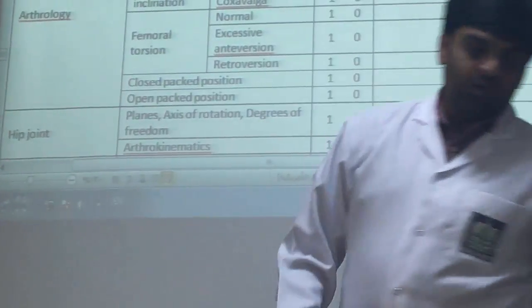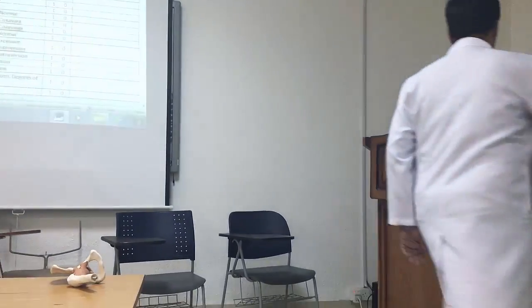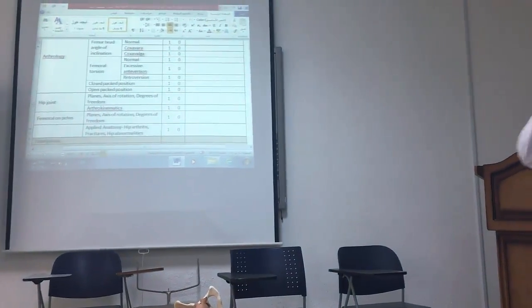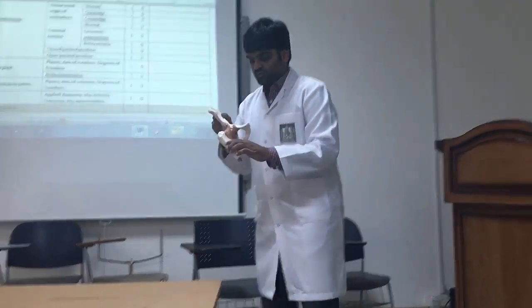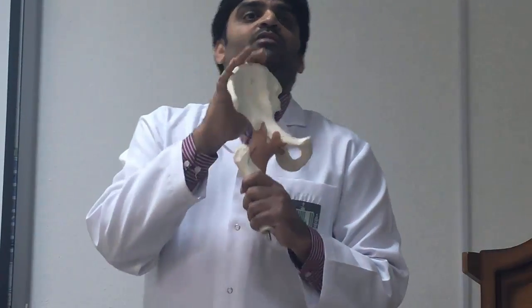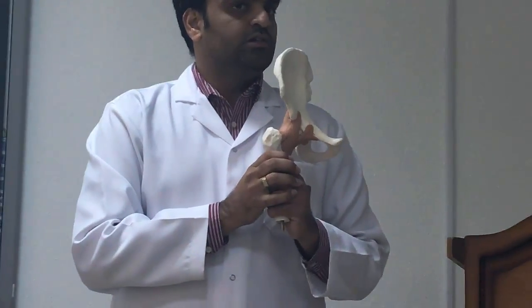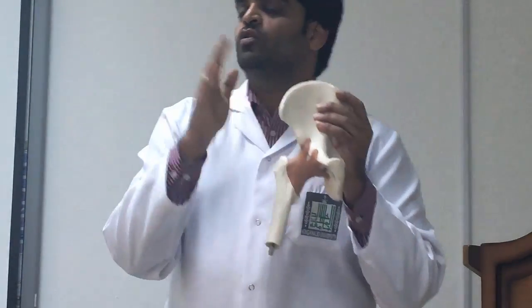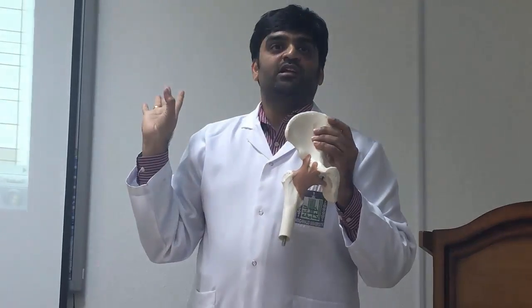Coming to the arthrokinematics. What is arthrokinematics? You have to remember here whether it is femur on pelvis or pelvis on femur. If a femur on pelvis, convex on concave, rolling and sliding in opposite direction.